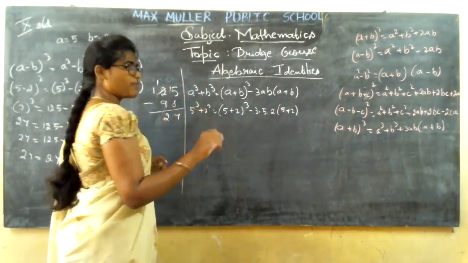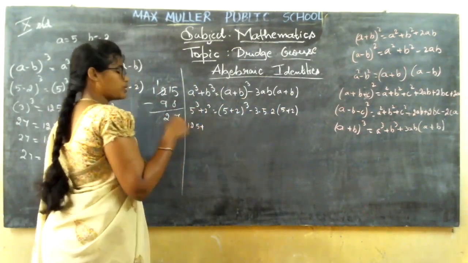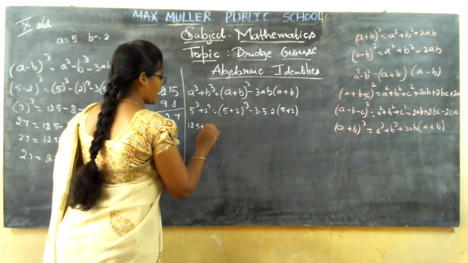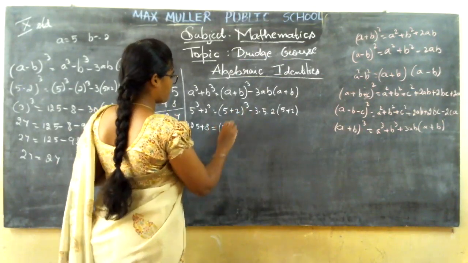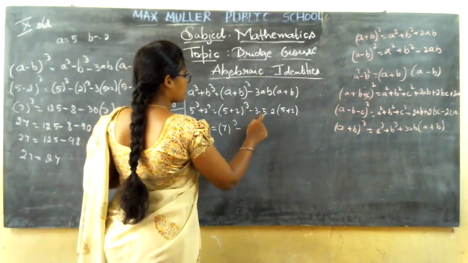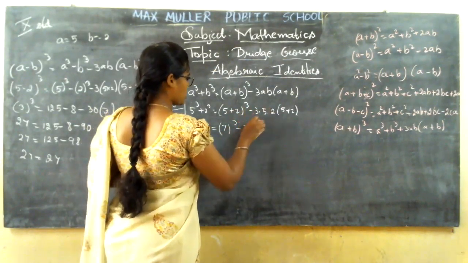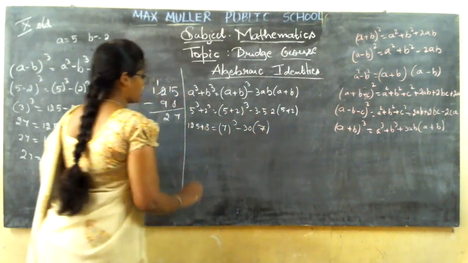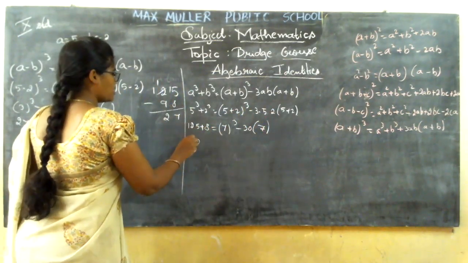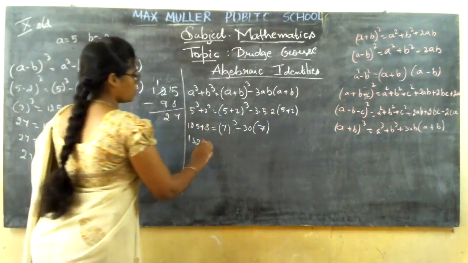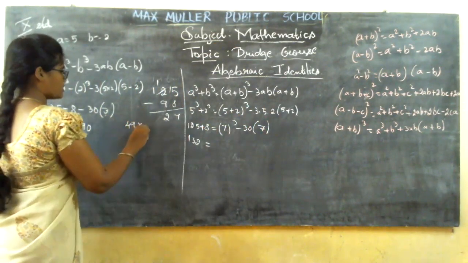So 5 5s are 25, 25 5s are 125, plus 2 2s are 4, 4 2s are 8, which is equal to 5 plus 2 is 7, 7 cube, minus 2, 5 2s are 10, 10 3s are 30. So it is 5 plus 5 is 10, 10 plus 2 is 12. So it is 132.